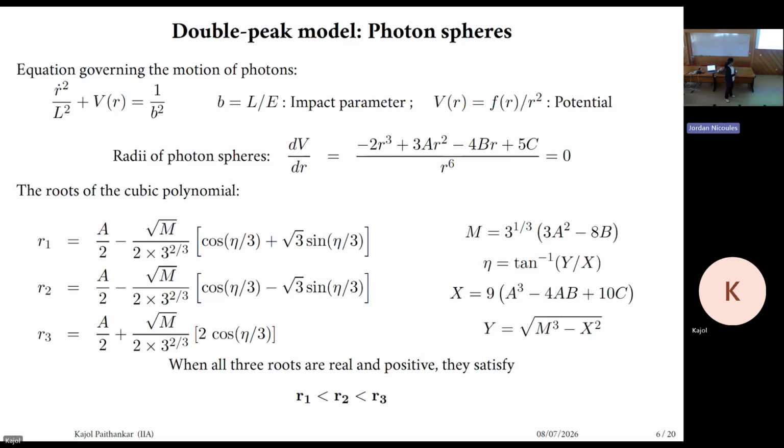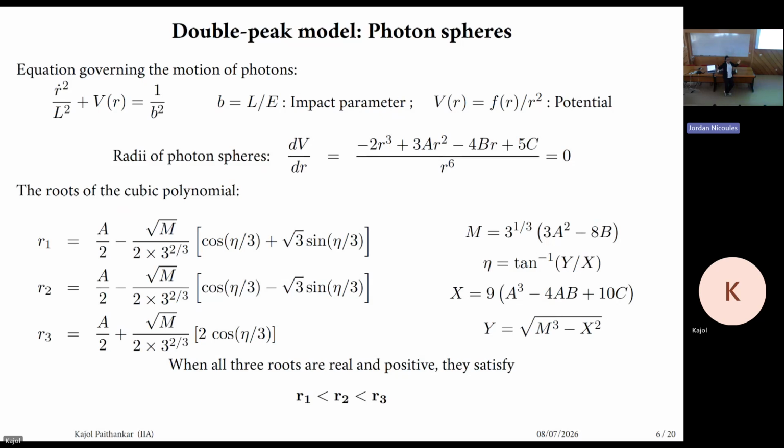Again, when all these three roots are positive, I can find the inequality, which one is the smallest and which one is the largest. So I know now for sure that there are three photon spheres in the space-time outside the horizon. R1 defines the innermost, R3 defines the outermost.